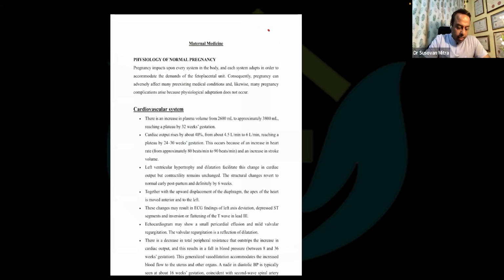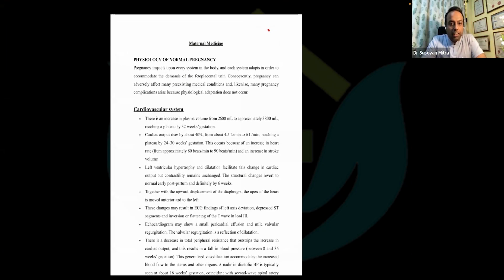So, as I was saying, the physiology of pregnancy has an impact on all the systems of the body, and each system adapts according to its capability to meet the normal demand of the fetus, more specifically the feto-placental unit.